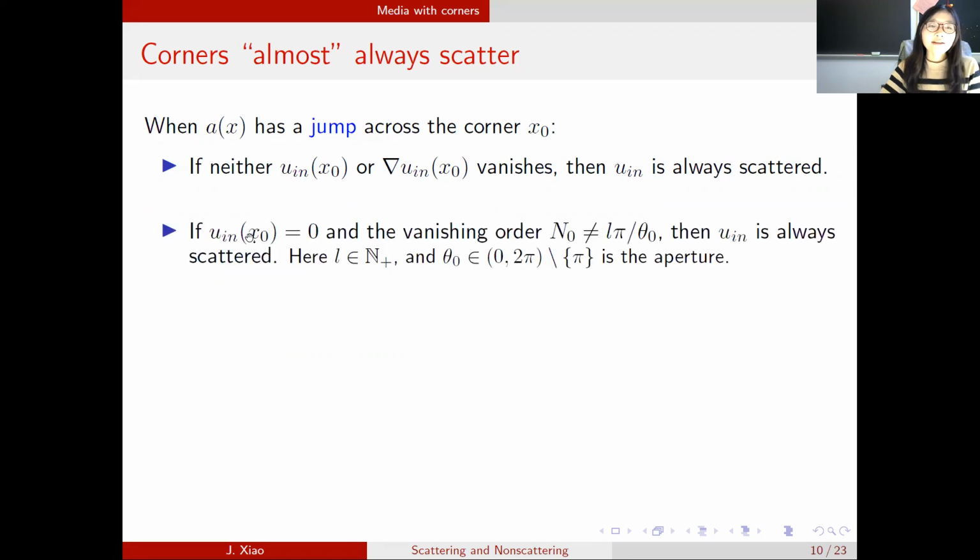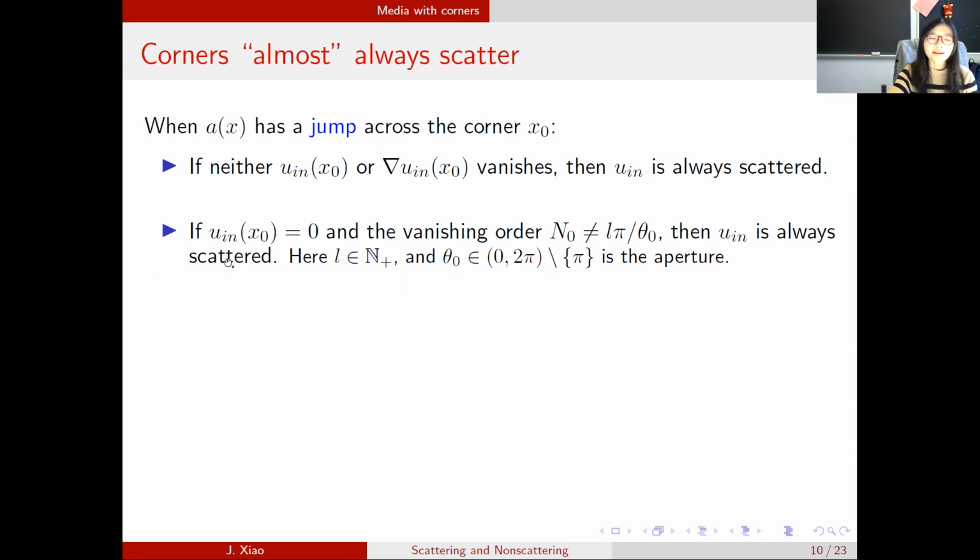However, if the incident field vanishes at the corner and the vanishing order is not an integer multiple of pi over theta 0, where theta 0 is the aperture of the corner, and this corner can be concave in general, here the integer being positive, then this incident field is always scattered.